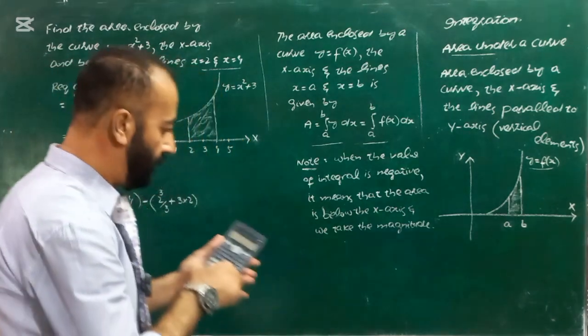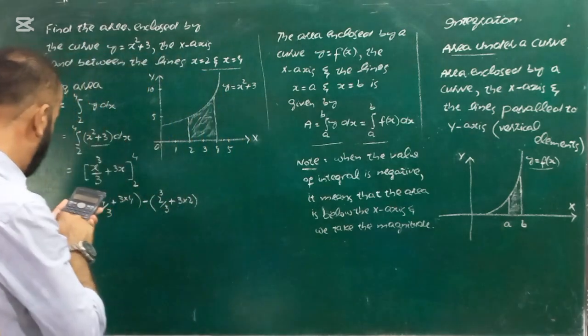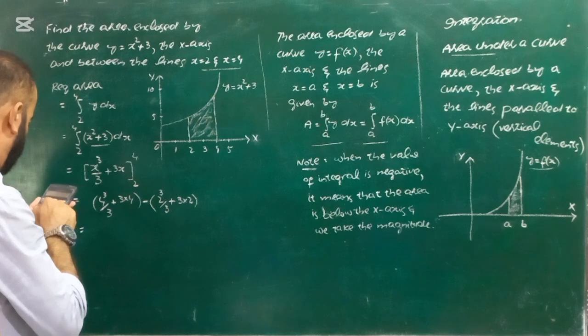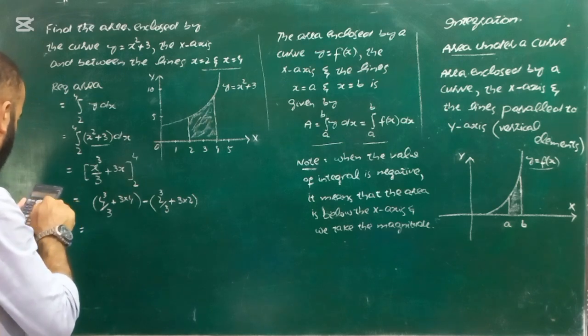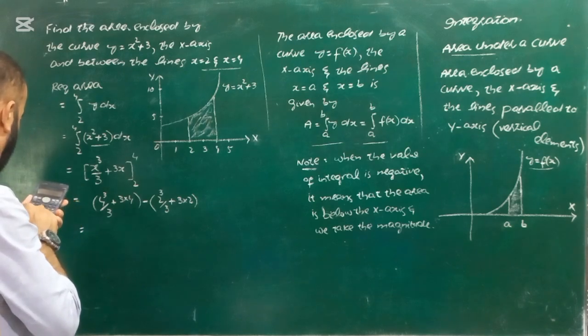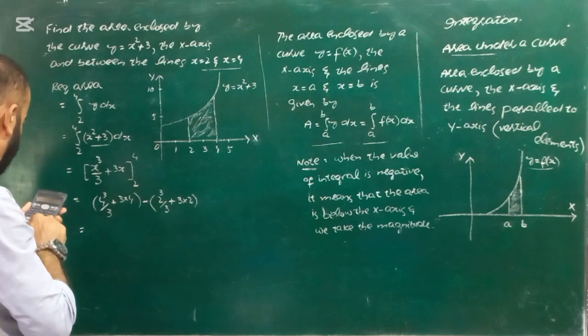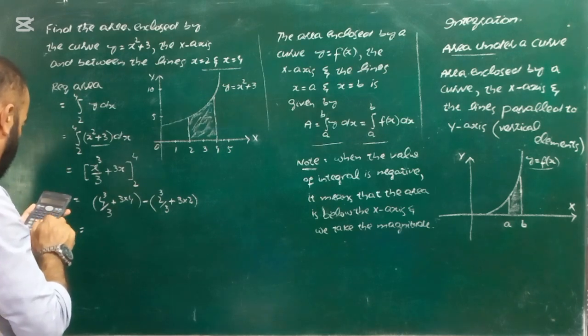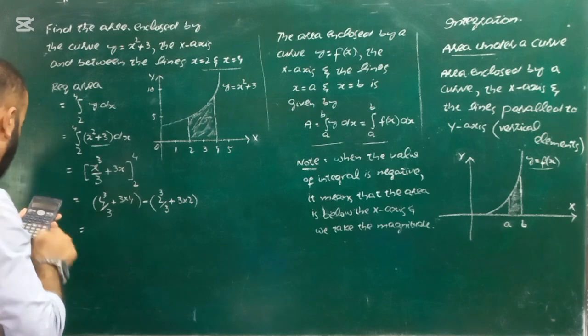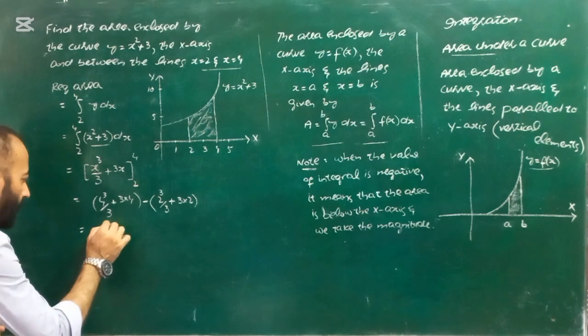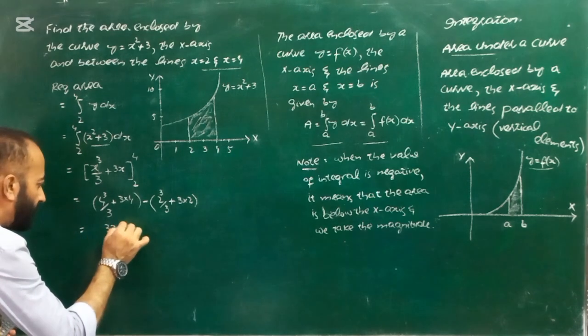So look now, 4 cubed over 3 plus 12, the answer is 33.33.